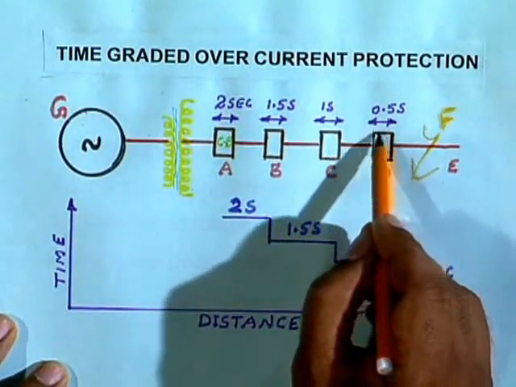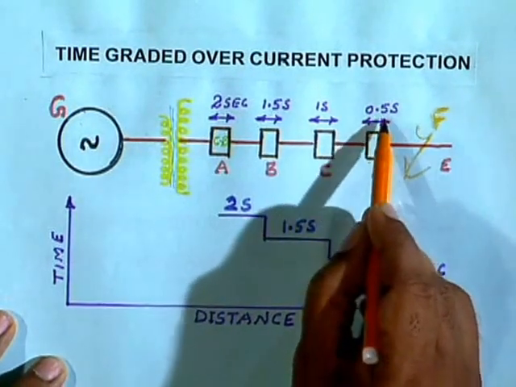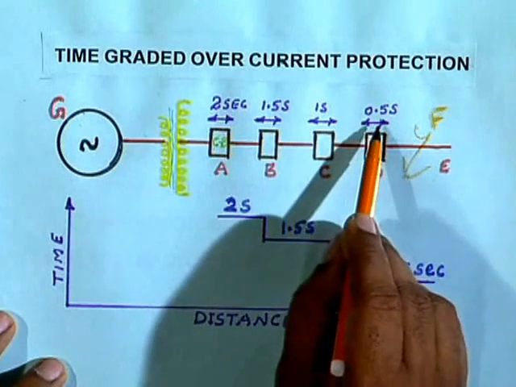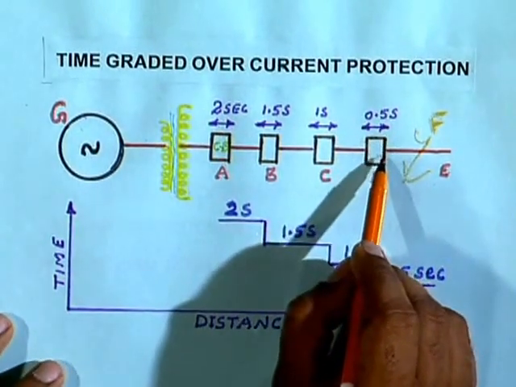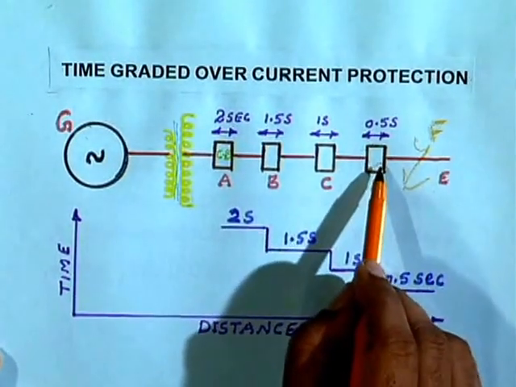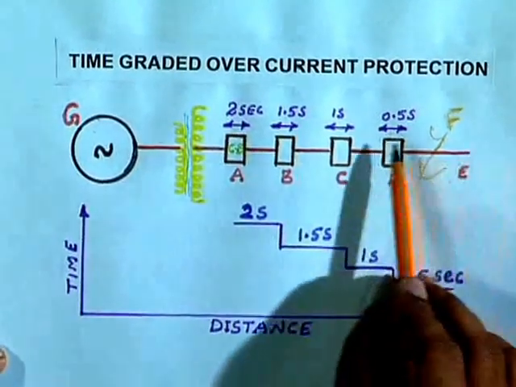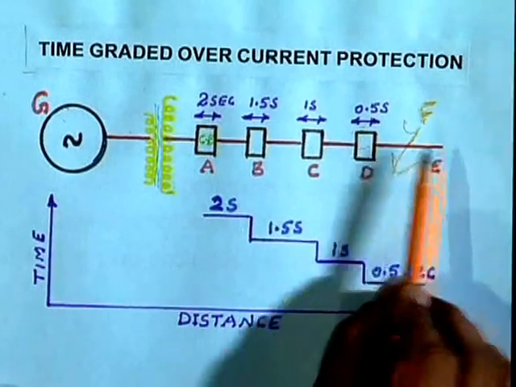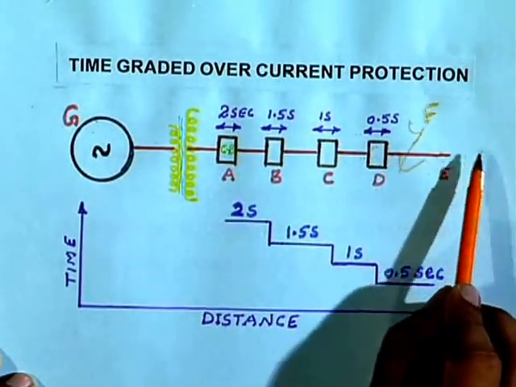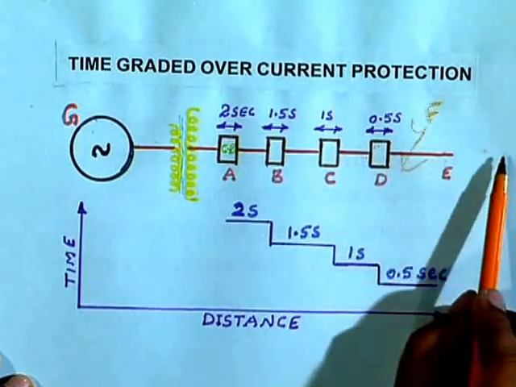Immediately the relay at D will operate within a time frame of 0.5 second, because the time is set at 0.5 seconds. Once D has operated, the section DE will be removed and the current flow will be up to D section. Suppose beyond E some more sections are added, then current cannot flow.